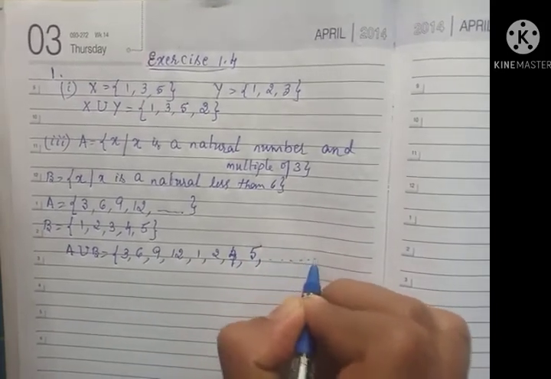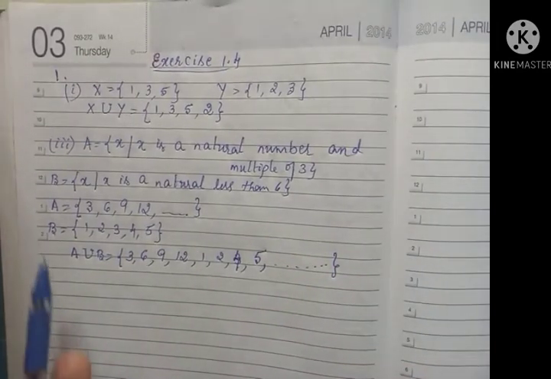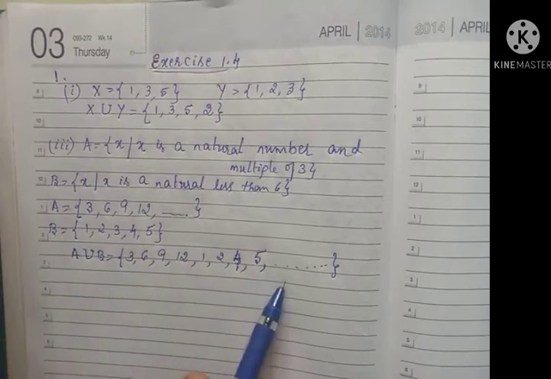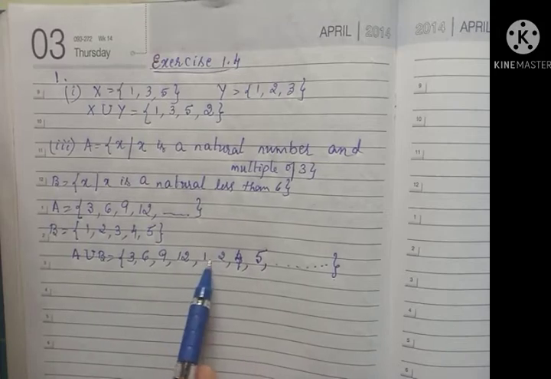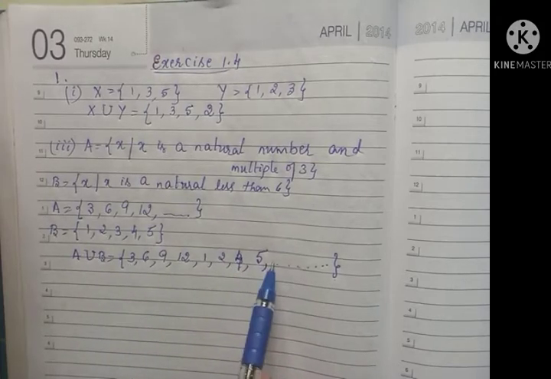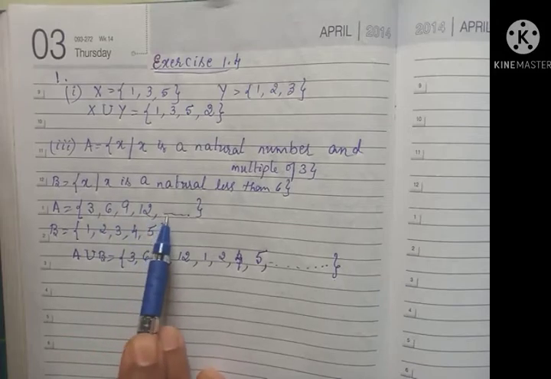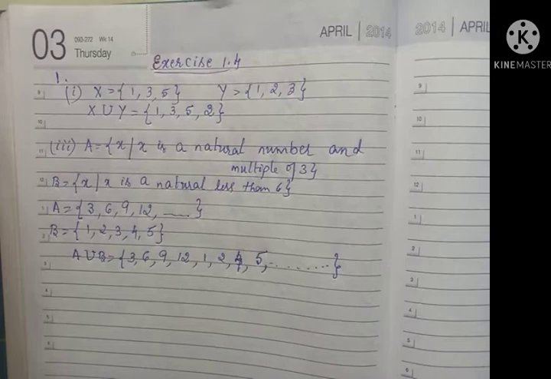This is also an infinite set because A is an infinite set, so A union B is also infinite. Write all the elements of B: 1, 2, 3 already there, 4, 5. Then elements of A: 6, 9, 12, then 15, 18, 21, etc.